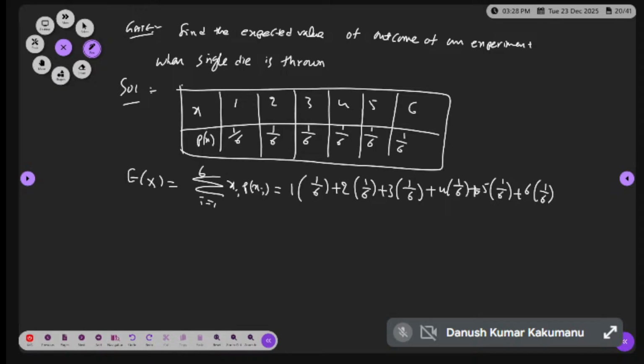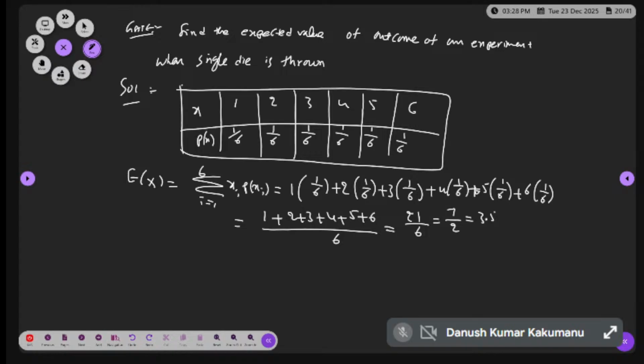What is the LCM here? 6. 1 plus 2 plus 3 plus 4 plus 5 plus 6 divided by 6. What is the answer here? 21 by 6. 21 by 6 is 7 by 2, which is 3.5. 3.5 is the answer.